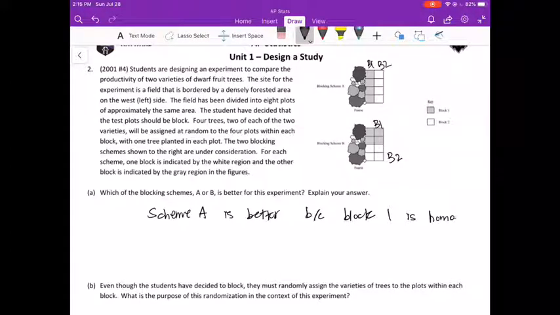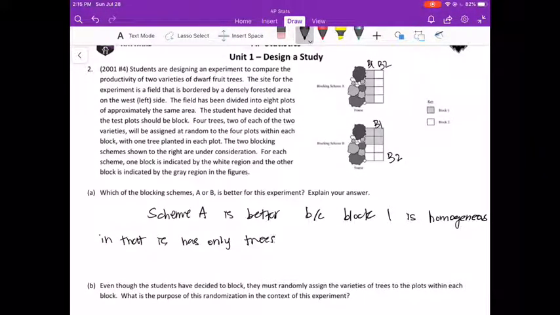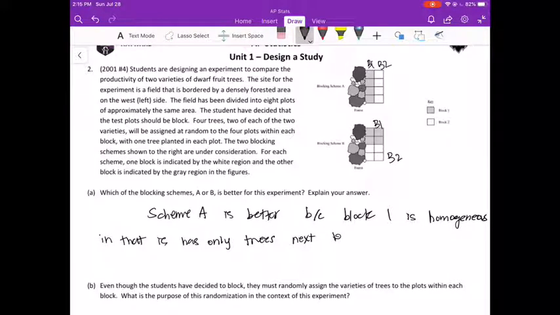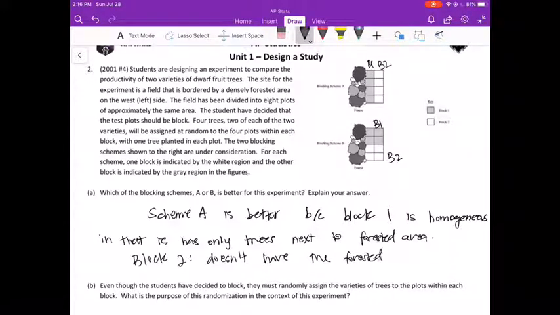Block 1 is homogeneous in that it has only trees next to the forested area, and block 2 doesn't have the forested area.